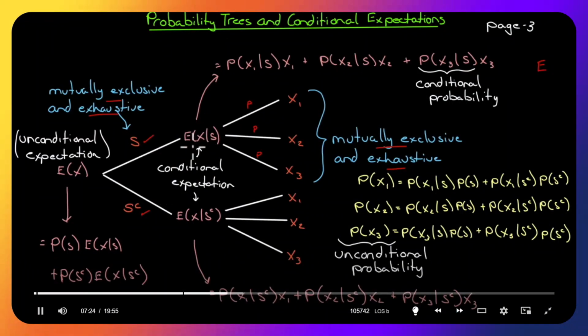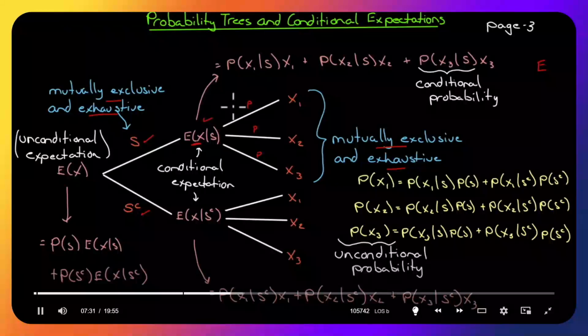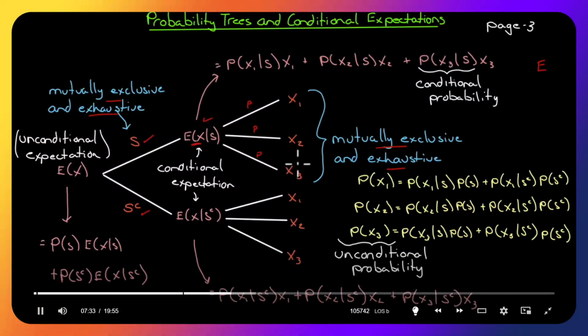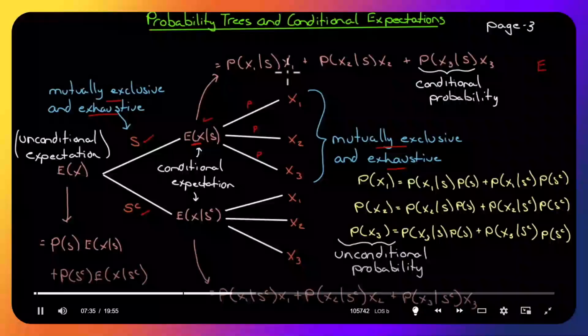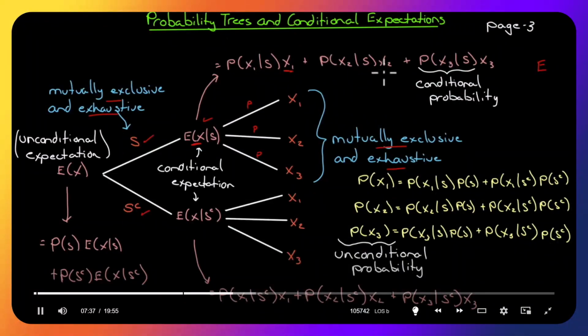We can calculate an expected value of X given S. That is the expected value at this point in the tree. And we've already seen how to do that. It's a probability multiplied by an outcome plus the probability multiplied by X2, except here the probability is a conditional probability. Because X1 can happen here and X1 can happen with S complement, we want to be specific about which probability we mean.